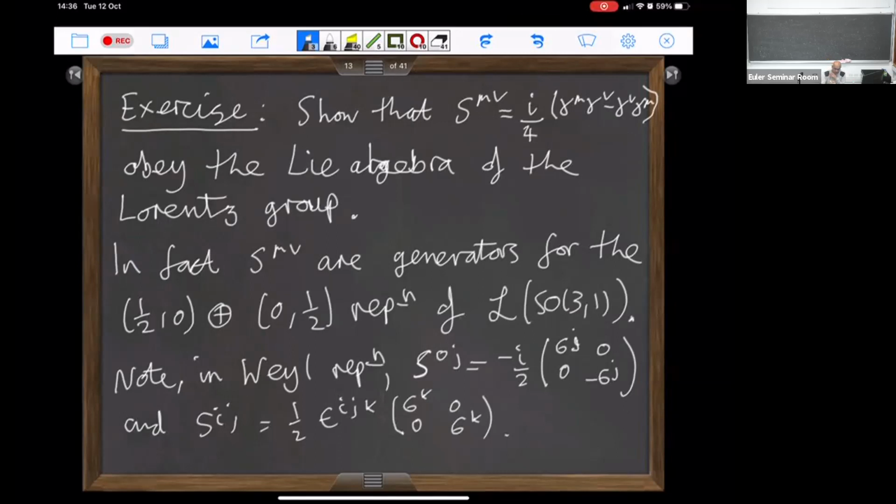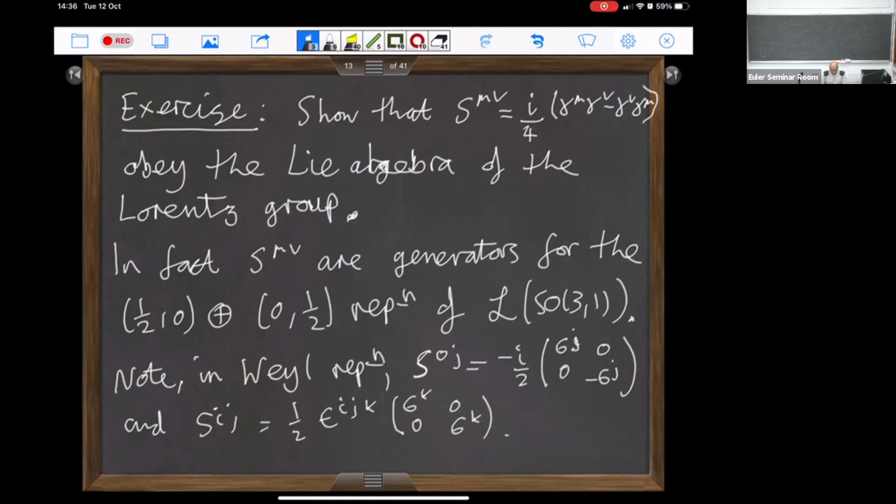And in fact, they are generators for the Dirac representation, which is this left-handed spin a half plus right-handed spin a half representation that we were talking about.